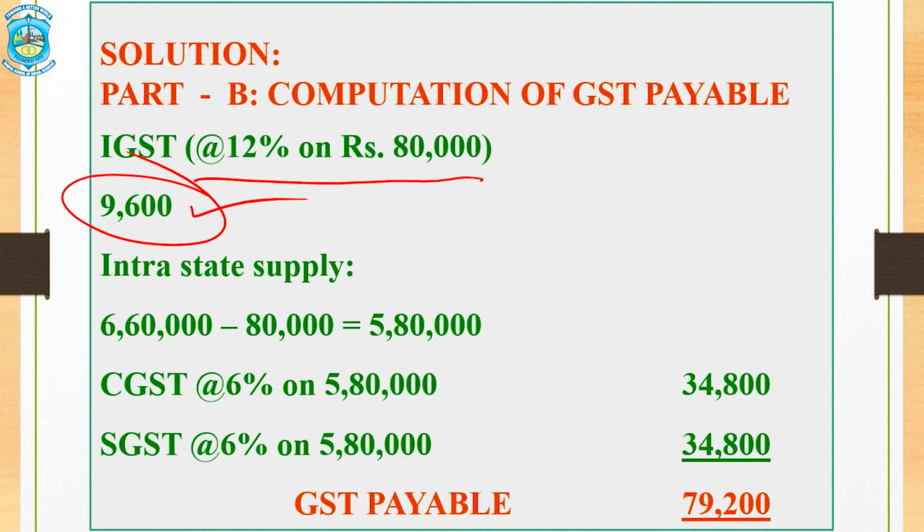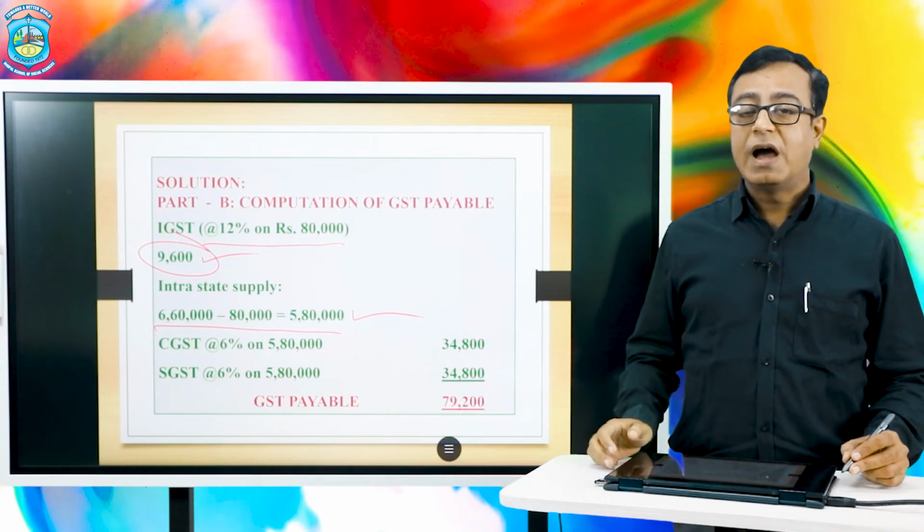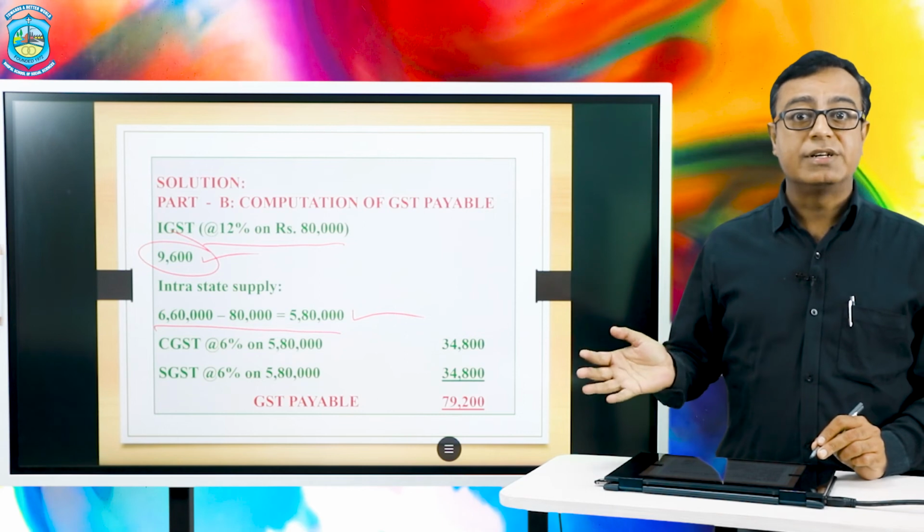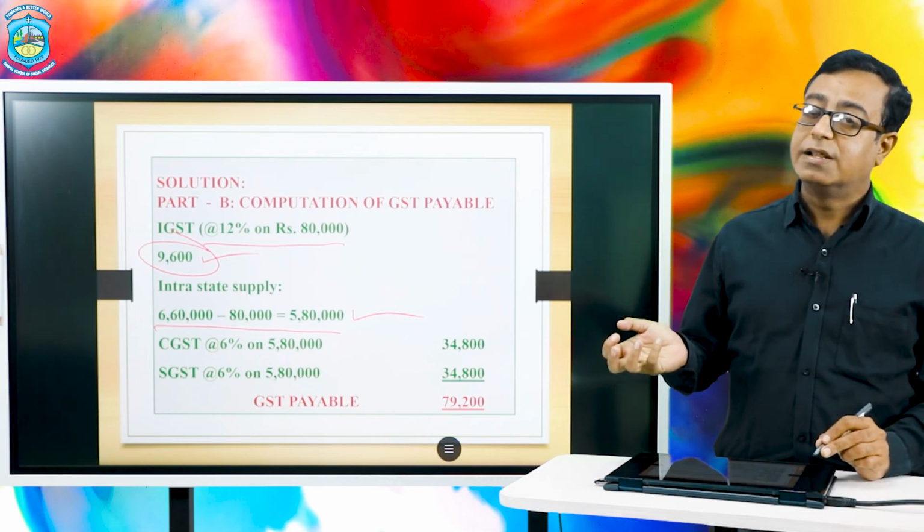We have the rest 5,80,000. How come 5,80,000? Please check. It is 6,60,000. What is 6,60,000? It is taxable turnover under GST, minus 80,000, that is interstate sale on which we already calculated tax. So now we have the remaining taxable turnover 5,80,000.